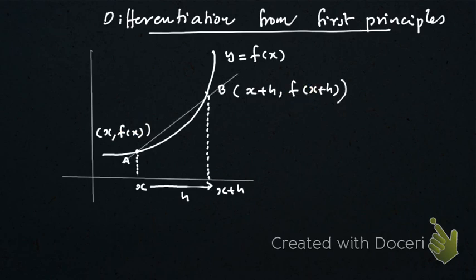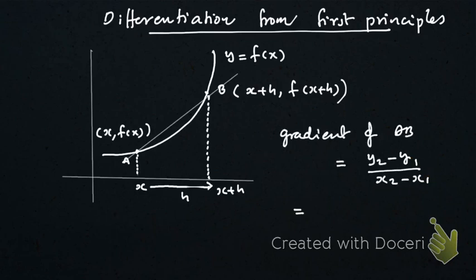I know the coordinates of A, I know the coordinates of B. I'm going to join A and B. So when I join A to B, I get a chord AB. I'm going to calculate its gradient. The gradient of the chord AB is y2 minus y1 over x2 minus x1. It's the y difference over the x difference. This point A is my x1, y1 and B is my x2, y2.